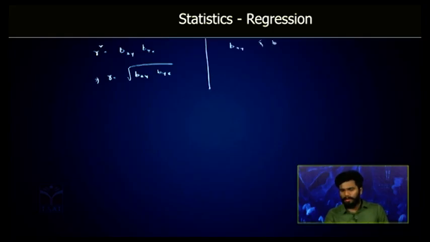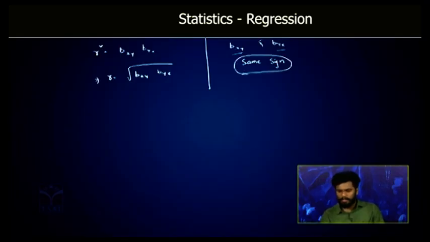Now, bxy and byx will have the same sign. If bxy takes a positive sign, byx will also take a positive sign. If it takes a negative sign, this will also take the negative sign. Whatever sign these two regression coefficients take, the same sign will be taken by the r value also.